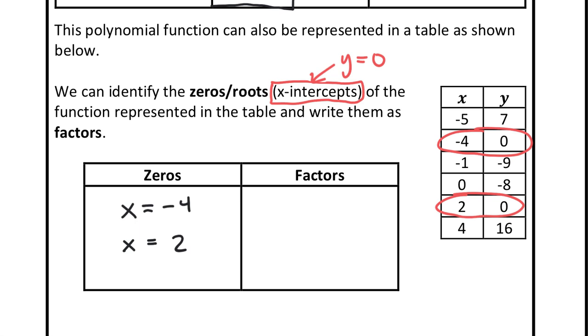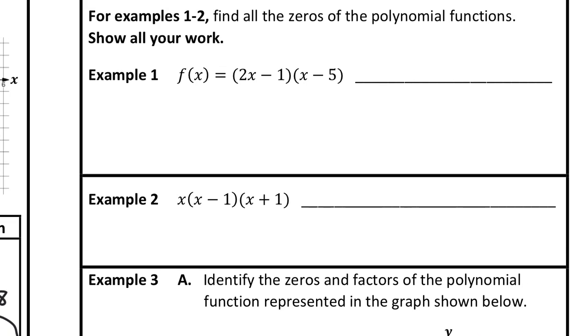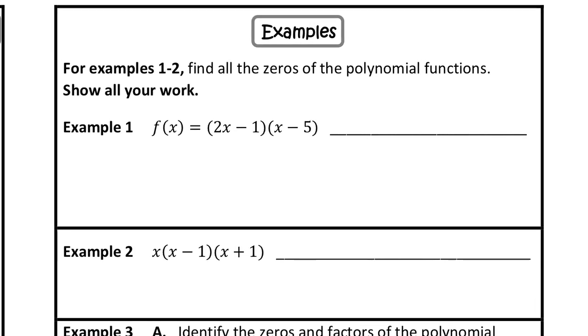So my factors are going to be, what's the opposite of -4? +4. And what's the opposite of a +2? -2. Okay, so these are going from x-intercepts to factors. Okay, so now let's slide over to the examples. Let's try out these examples.